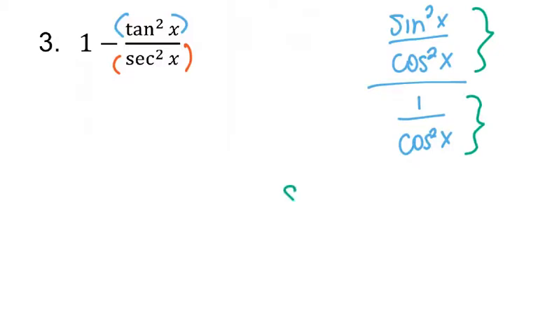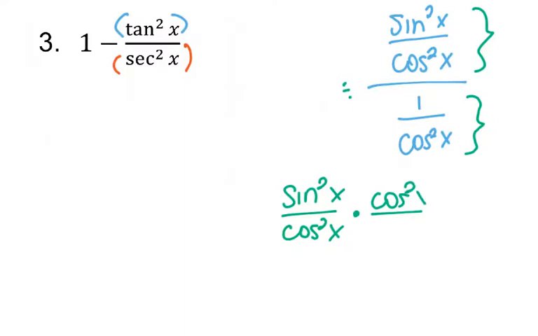I'm going to keep that first fraction as sine squared x over cosine squared x the same. I'm going to change the division to multiplication, and I'm going to flip that last fraction so I have cosine squared x over 1. And by doing this, I see that I can reduce the numerator and denominator, and this simplifies to sine squared x.